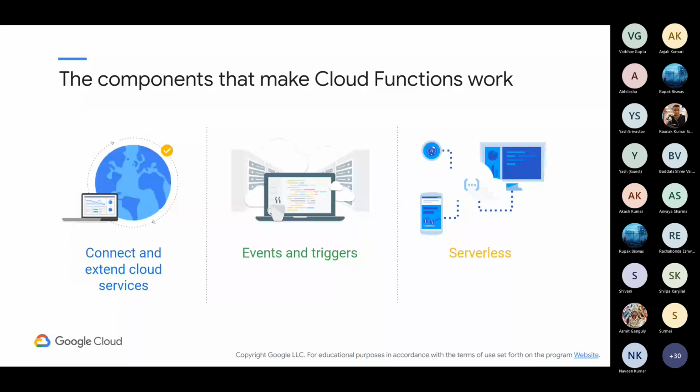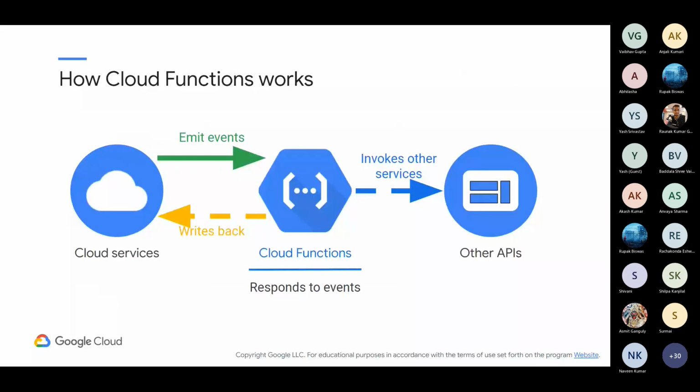Next, this is how Cloud Functions work. There is a term called events and write-backs. Every cloud function responds to an event, and it gives some response as the output of the function. As we can see, this cloud service emits an event, then this function computes something on the basis of the event, then it writes back some data to the cloud service.